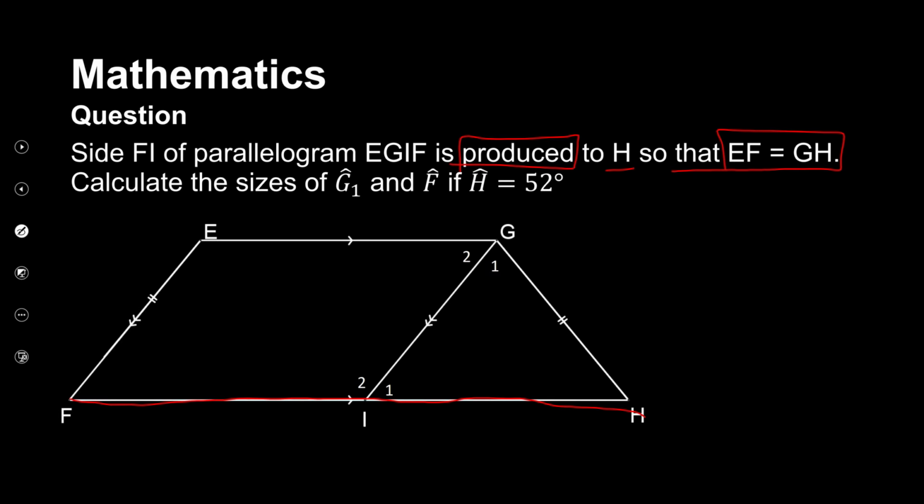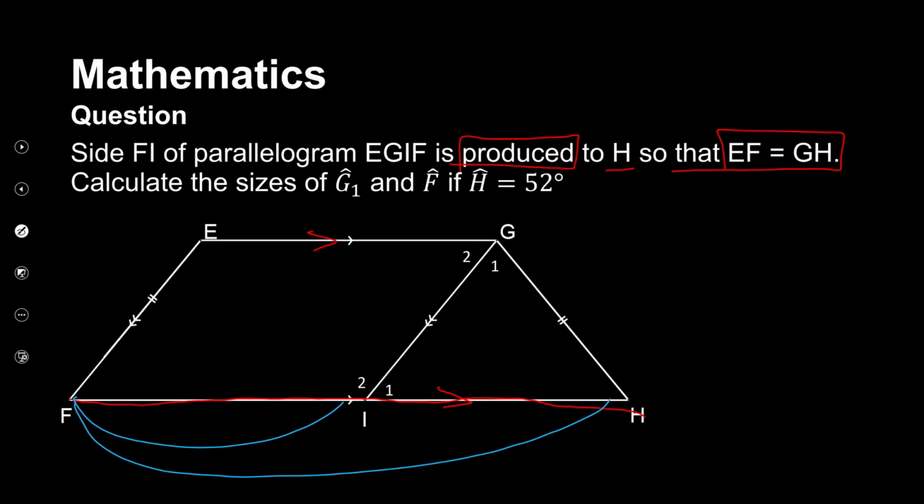So although FI is the one said to be parallel to EG, because IH is still part of FI, we will say the whole line is parallel to EG, right? Not just this portion, no. The whole portion is parallel to EG. So I hope that clarifies what I mean there.